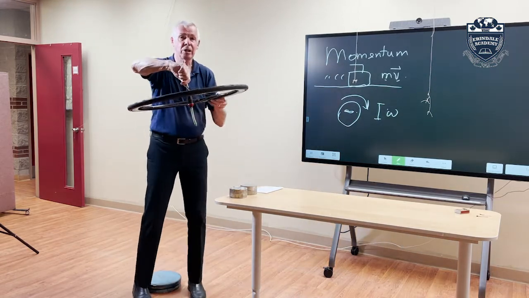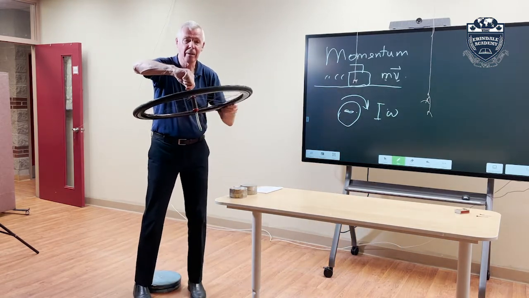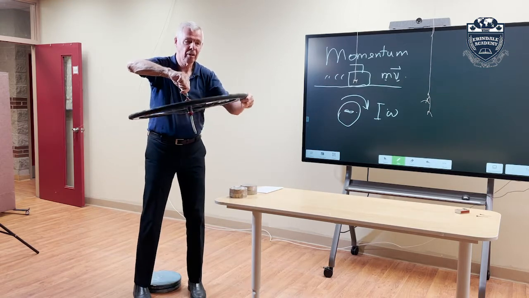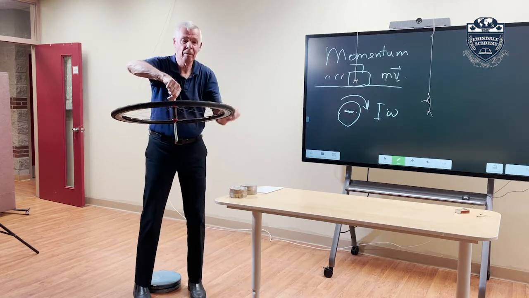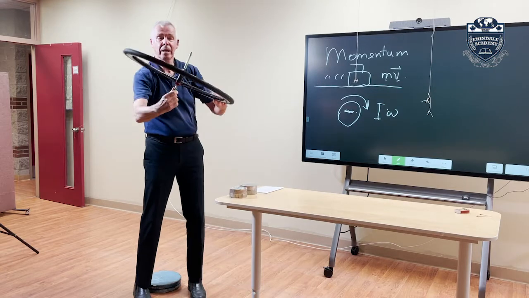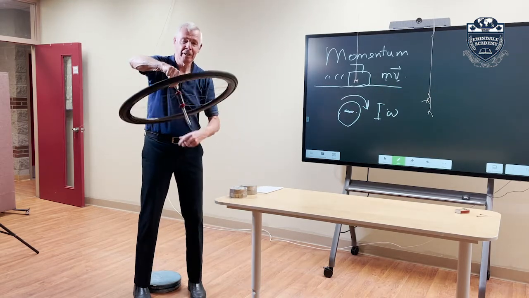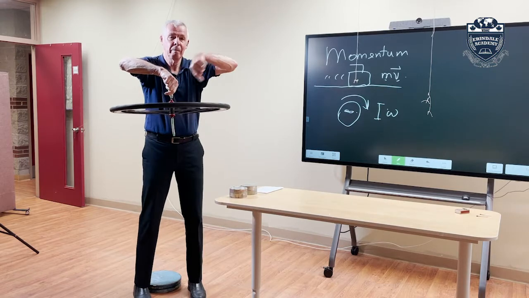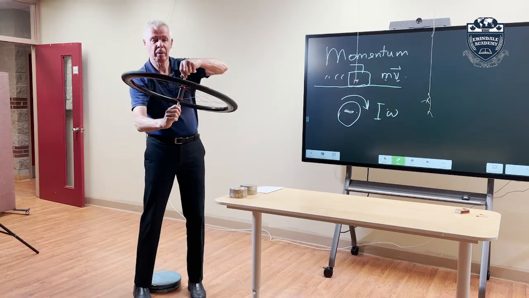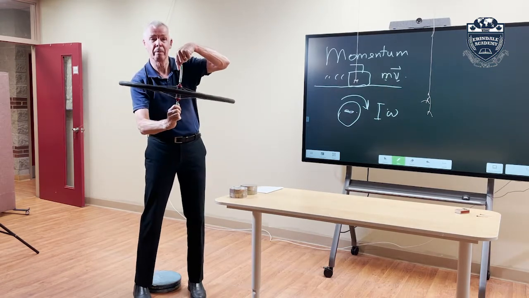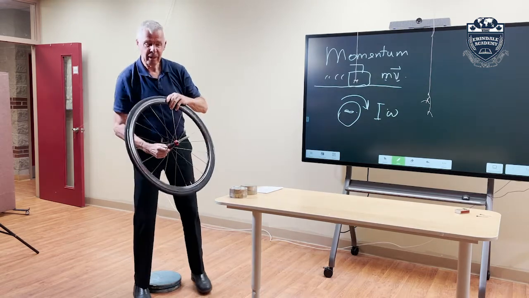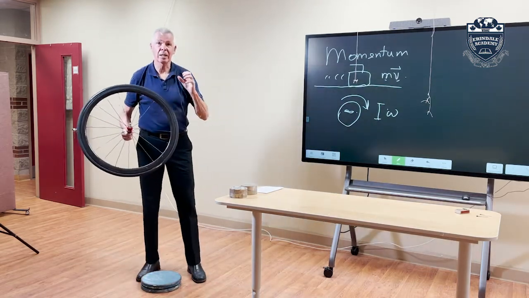When you turn a spinning wheel upside down, look, it's spinning in this direction now. When I turn it upside down, it's spinning in the opposite direction. You get that? Spinning this way, and when it's upside down, it's spinning the other way. That means the angular momentum is not the same.